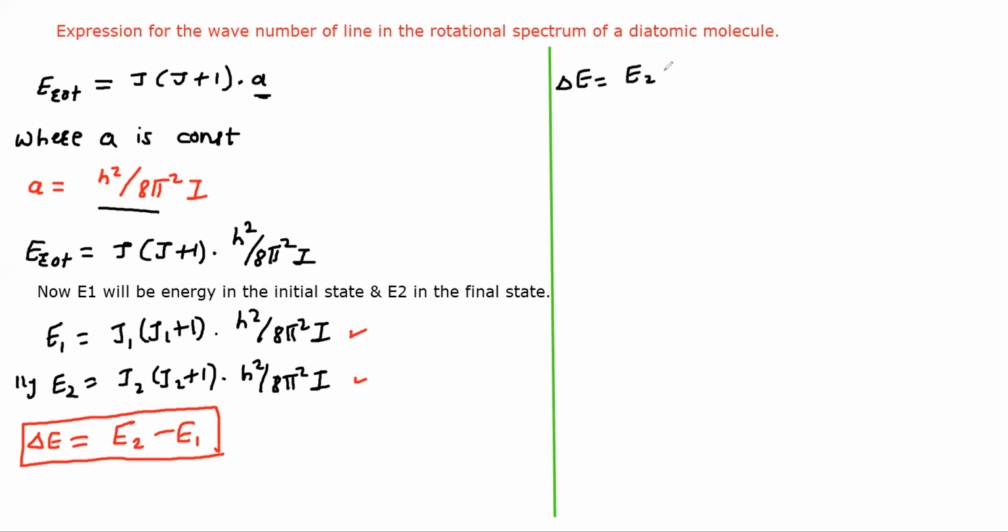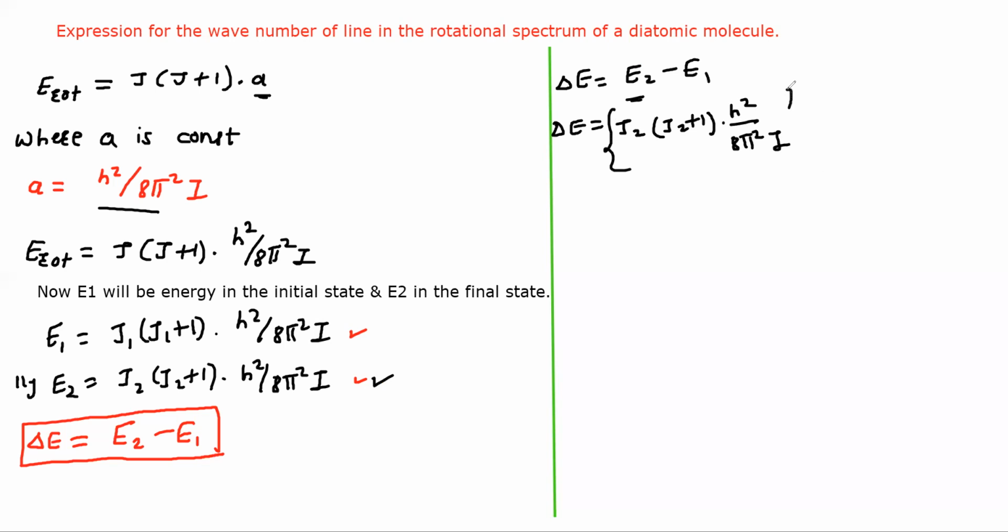is equal to E2 minus E1, and E2 is nothing but J2 in bracket J2 plus 1 times h square upon 8 pi square I. So it is written in bracket.